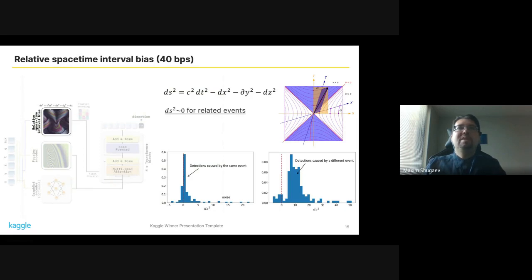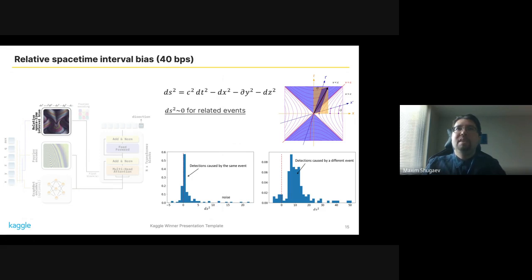Another component of our solution is the relative space-time interval bias. The special theory of relativity has a quantity called the space-time interval. It is approximately equal to 0 for particles moving at a speed close to the speed of light. What is practically used from this is that all detections caused by the same neutrino should have approximately 0 space-time interval between them.